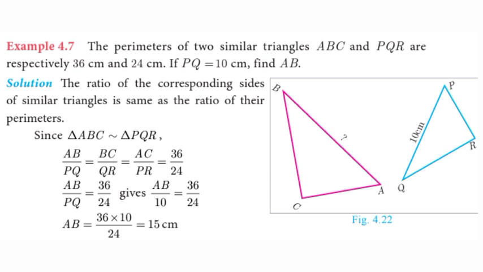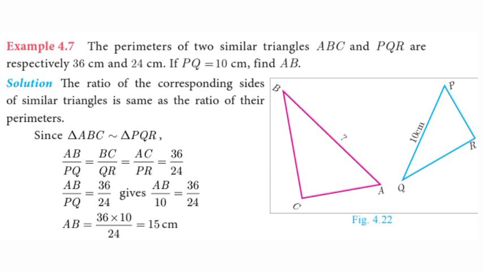Therefore, AB divided by PQ equals 36 divided by 24. Now substitute the PQ value. What is the PQ value? Yes, that is 10. Therefore, AB divided by 10 equals 36 divided by 24. Now find the AB value: AB equals 36 into 10 divided by 24.